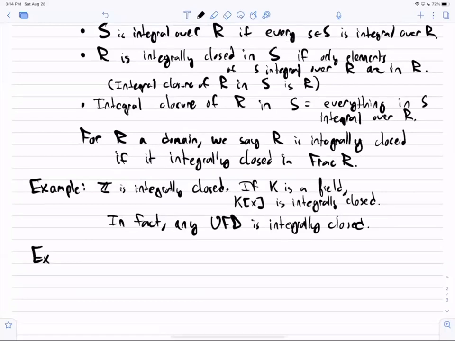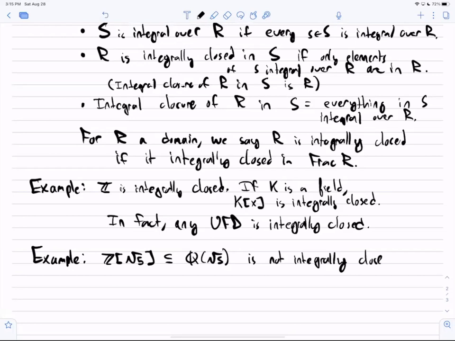Another example, touching back on the introduction of the class. We look at Z[√5]. Its fraction field is Q(√5), but it's not integrally closed, because, for example, (1+√5)/2 is integral.